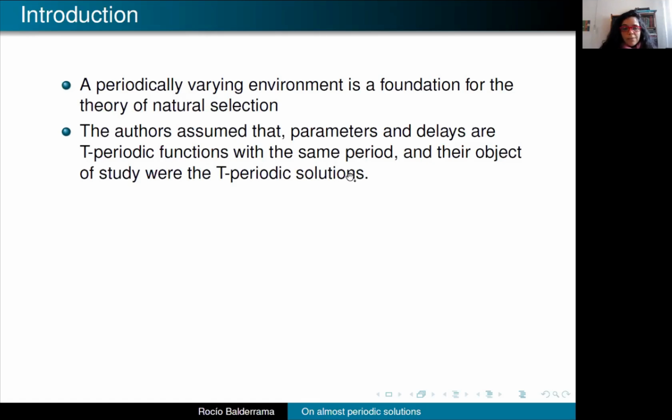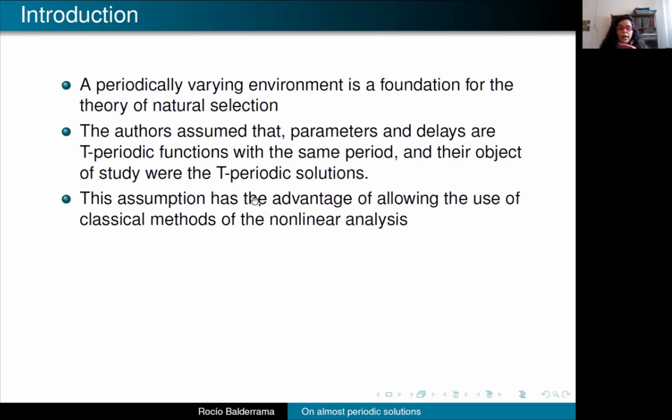This assumption has the advantage of allowing the use of classical methods, as Melanie mentioned, for example, of nonlinear analysis like degree theory, Leggett-Williams fixed point, Schauder, well, classical methods.